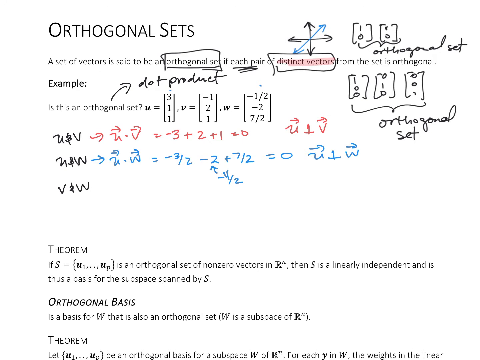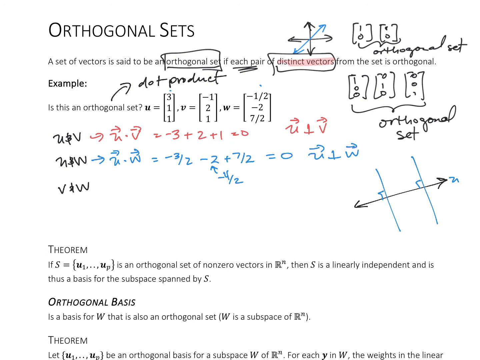Now, we've only shown that U and W, and U and V, are perpendicular. We have to show the last one, because if this is U, I could actually have a vector this way and a vector this way that are not perpendicular to each other, but are only perpendicular to U. So it's no guarantee just by checking two of them.